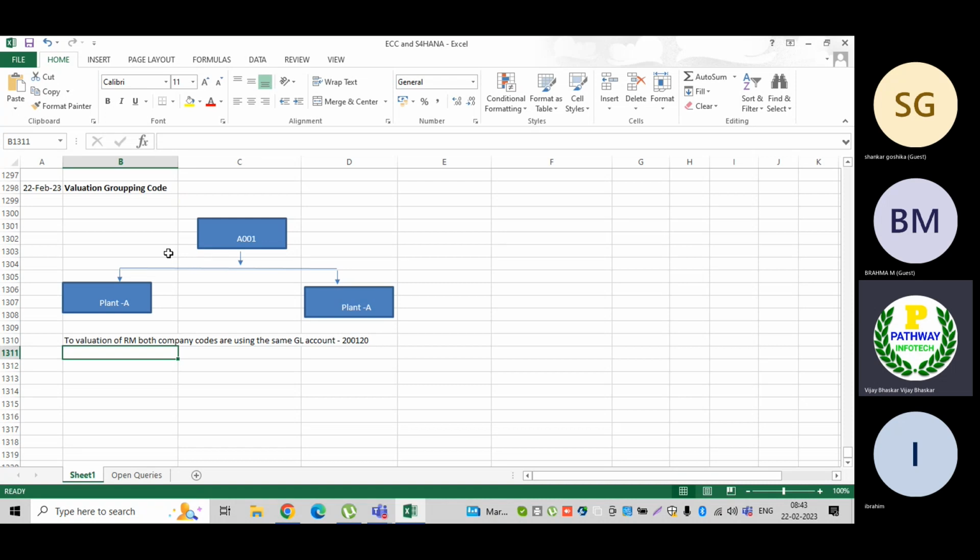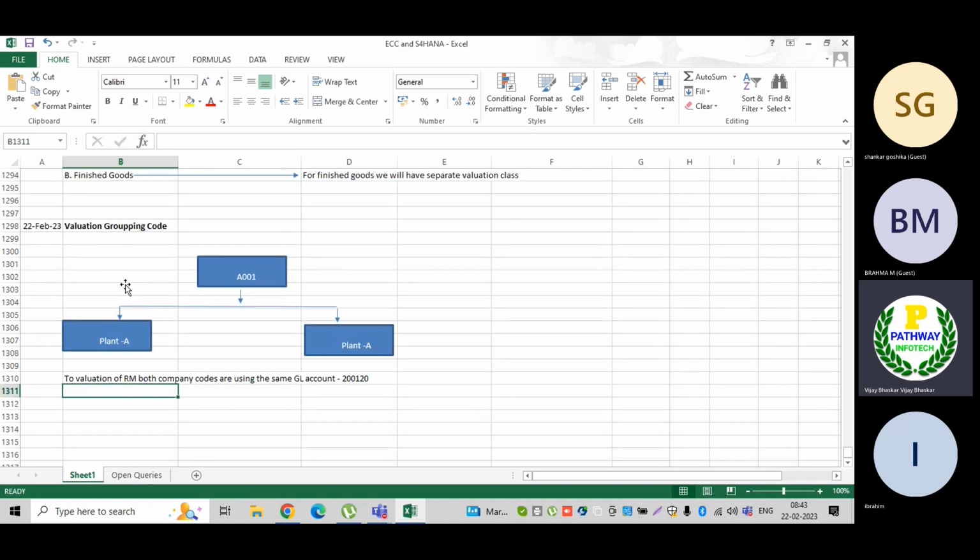Levels of the valuation: we can perform valuation at company code level, and the second is plant level. But SAP has suggested that you do the valuation at plant level. Why has SAP suggested that? Let me give the scenario.